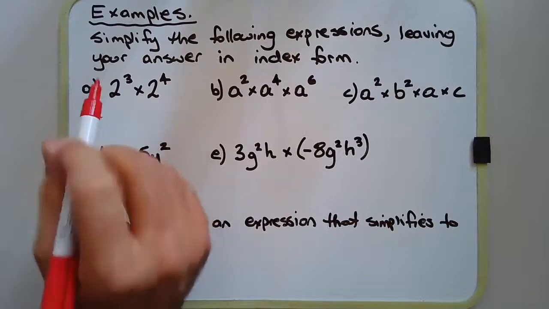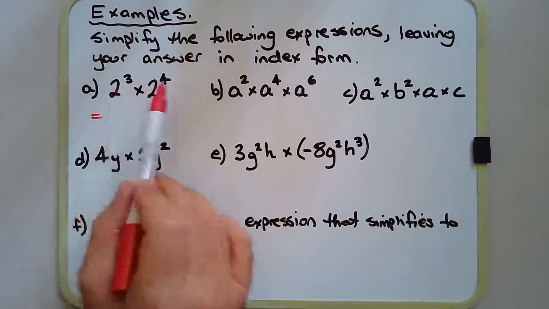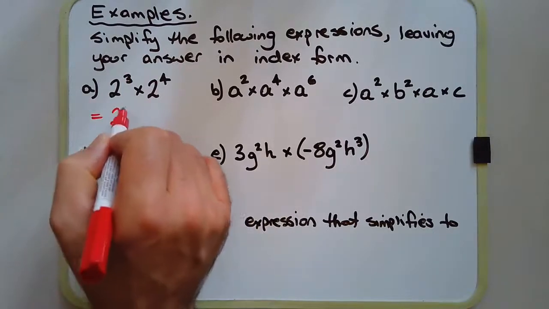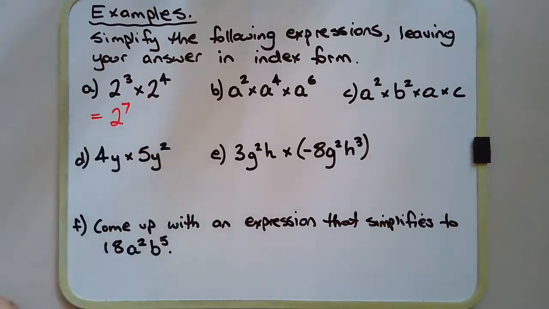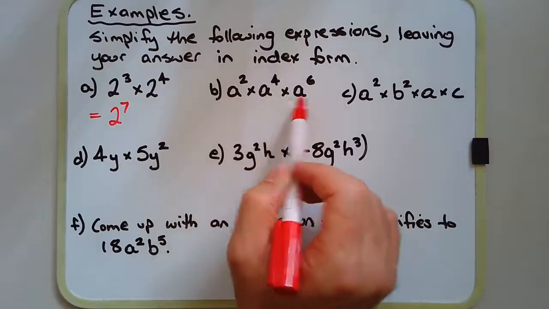First of all, are the bases the same? Yes, they are. As long as the bases are identical, we can add the indices together. So that's going to be 2 to the power of 7. What about part B? a squared times a to the 4 times a to the 6.